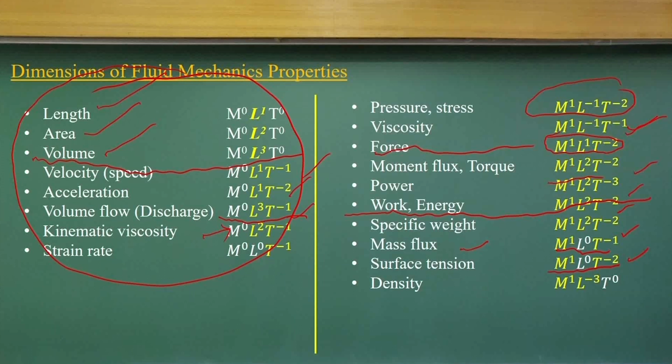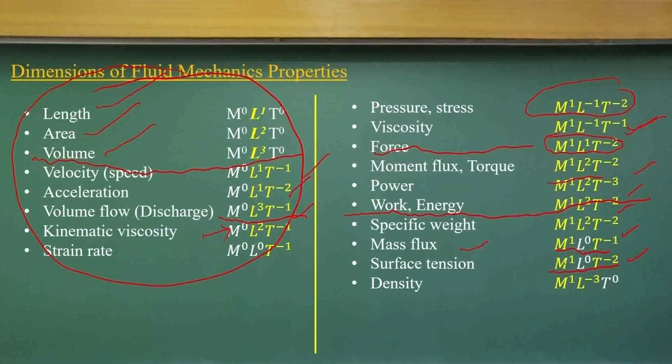That is force per unit length, which usually comes as surface tension. The density is mass per unit volume. So, if you know the very basic definitions of these fluid properties, you can easily write these properties in terms of mass, length and time. It is very easy.